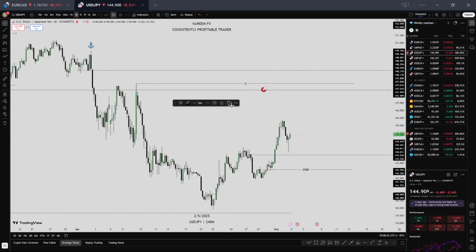That's one instance, or it can also come back all the way down, take our change state and go for the deeper area of liquidity and push higher. It's any of those two. That's what I'm looking for.